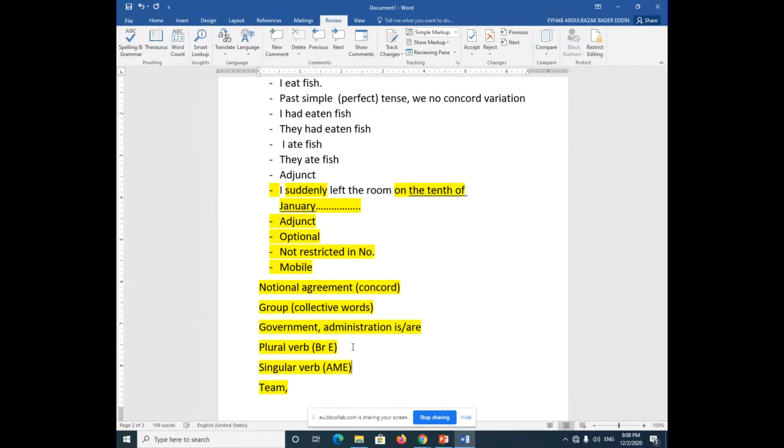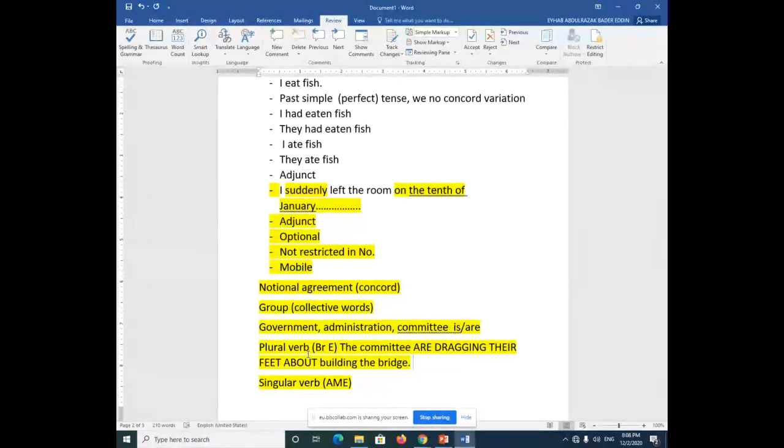Okay, great. So we say the government are, for example, or the committee, also another word. The committee, for example, the British would say are dragging their feet about building the bridge, a quick example. Okay, are dragging, while the Americans would say the committee is.